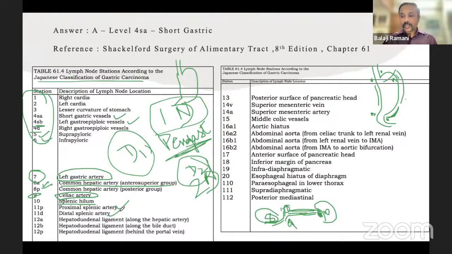Whenever you are talking about a D2 nodal dissection for a distal gastric cancer, D2 for a distal subtotal gastrectomy, you can just remember it as 1 to 11 minus 2. All the nodes from 1 to 11 will be taken, minus 2, and again the 12A nodes will also be taken. What is 12A?